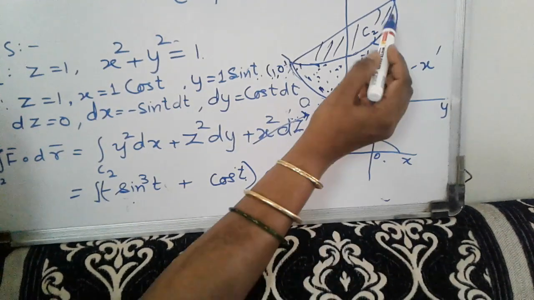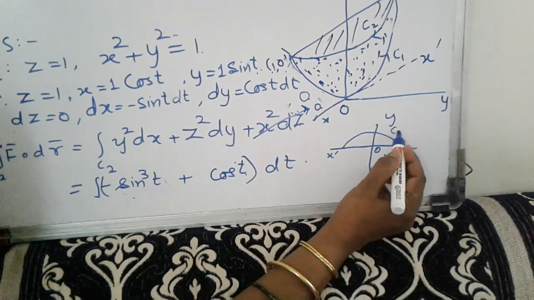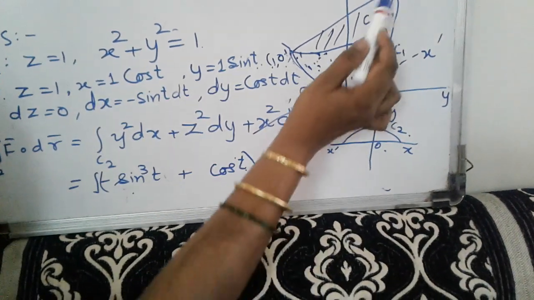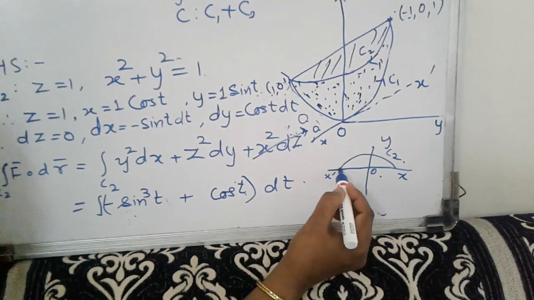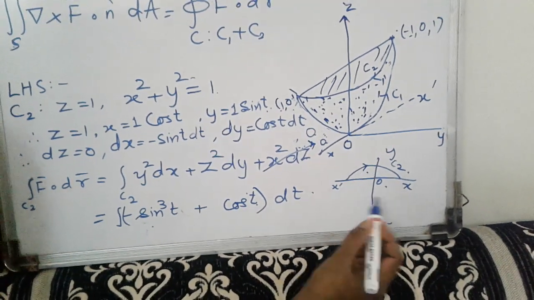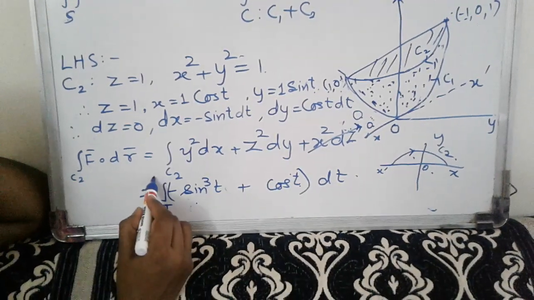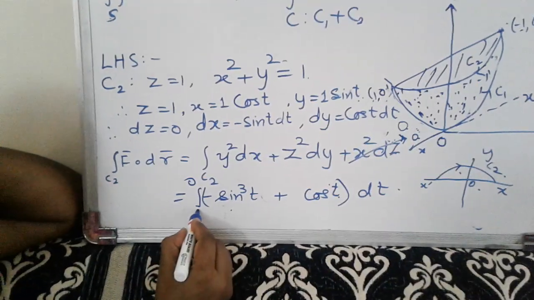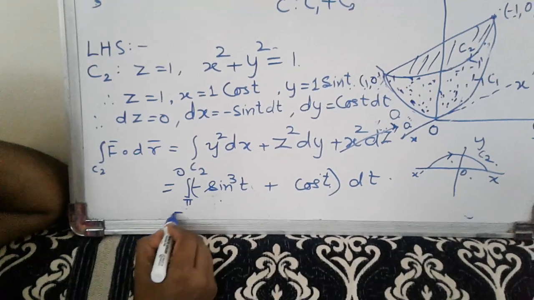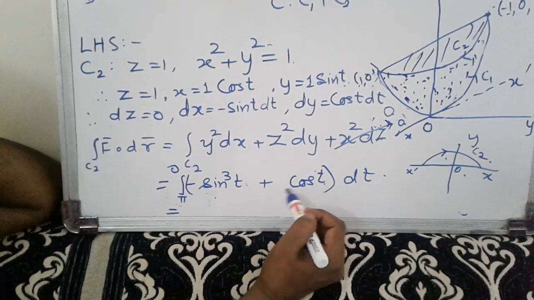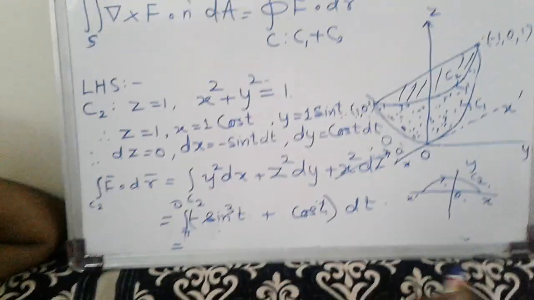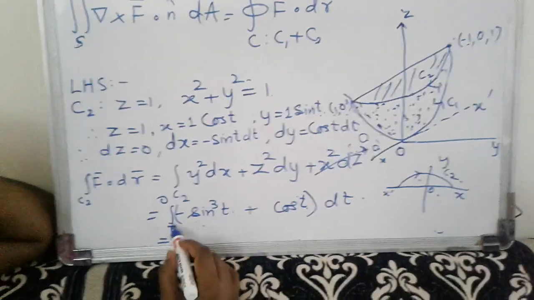You are traversing along the path C2, this is your path C2, and you are traversing from this negative x-axis to positive x-axis in this direction. So your t limits will run from pi to 0.